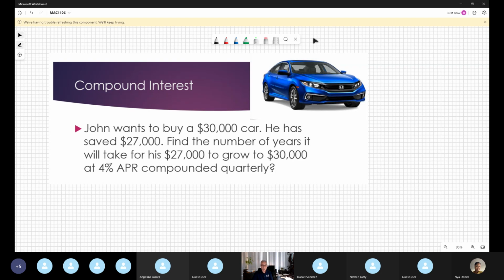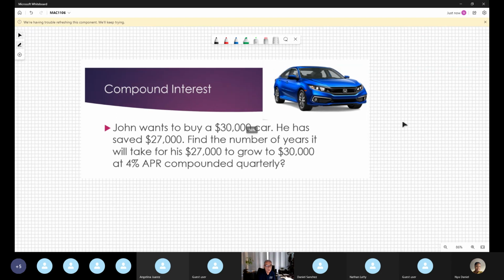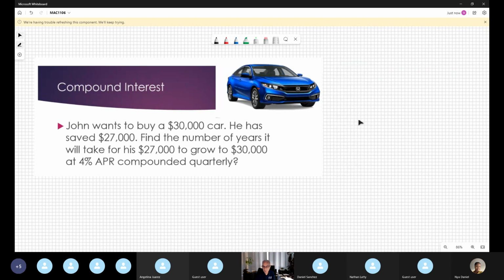Wow. Okay, so, who is present value? Who is future value? Who is P? 27,000. Very well. And who is A? 30,000. Exactly. The money you want to have in the future.